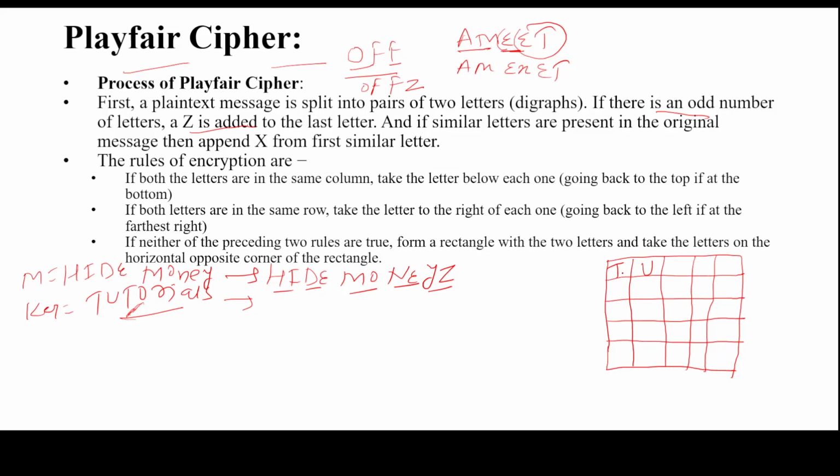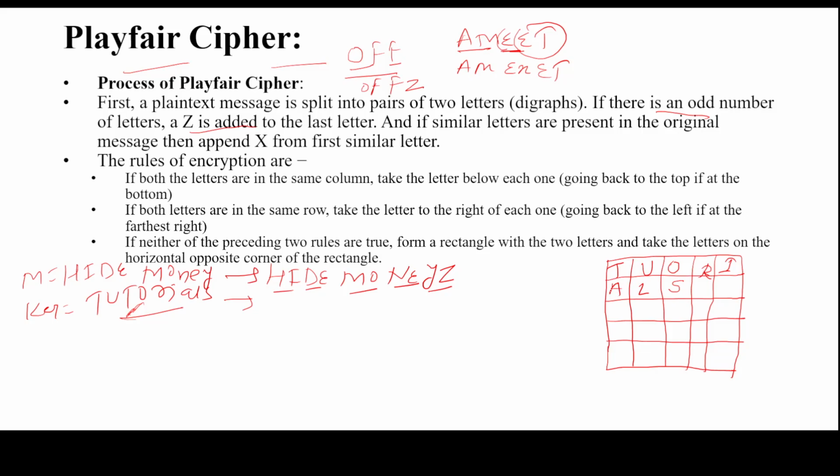Next will be O, right? Then R. After O there is R. Then I, then A, L, and then S. The remaining letters we have to add from the alphabet sequence.